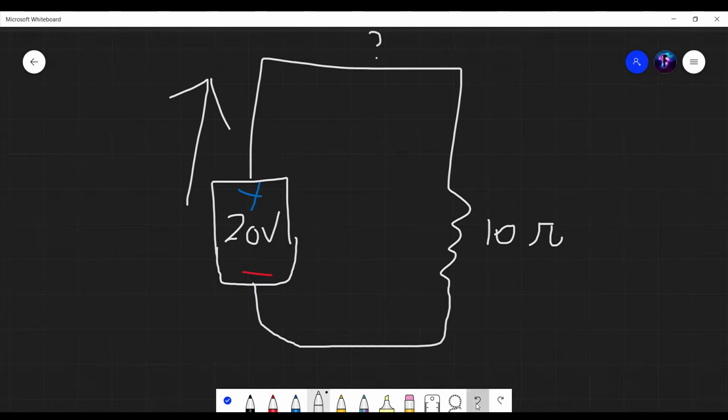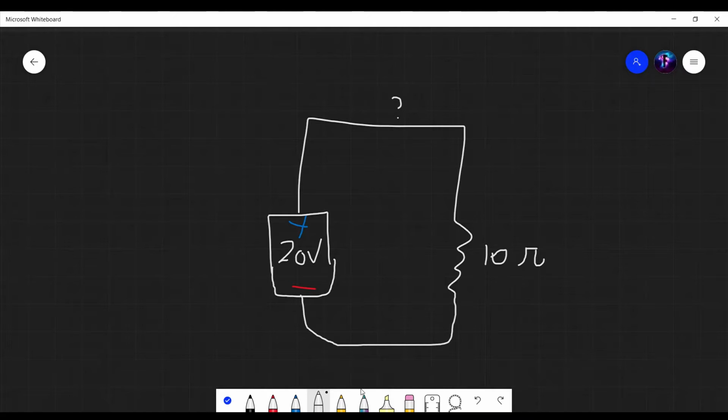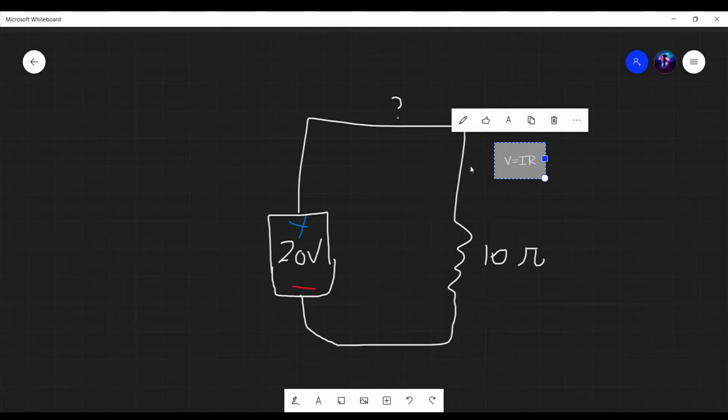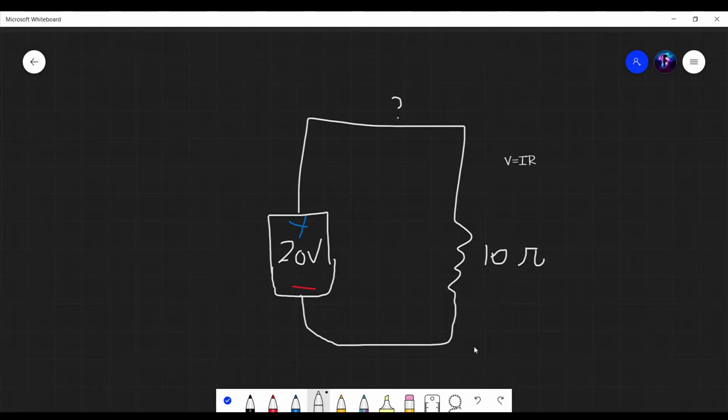Now I'm going to delete this, and we're going to find the current. If you know basic algebra, you might know what to do. So I'm going to write the formula again. V equals IR, and we know what V is, so it's 20. So 20 equals I times 10, which is the resistance.